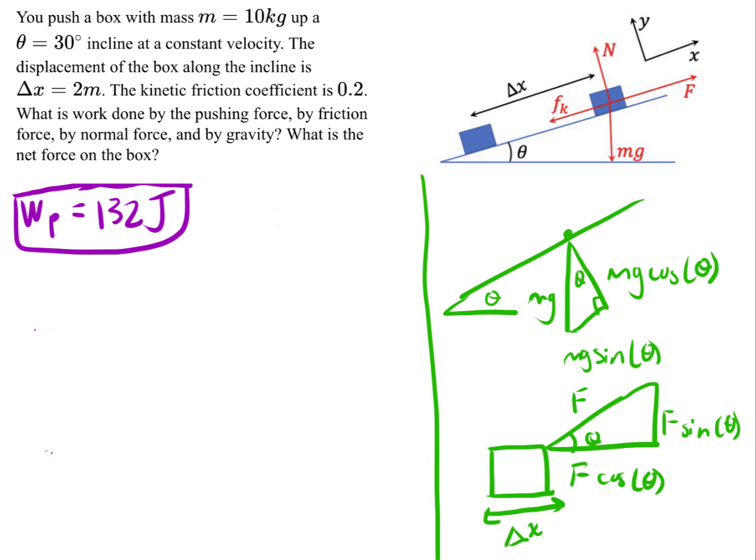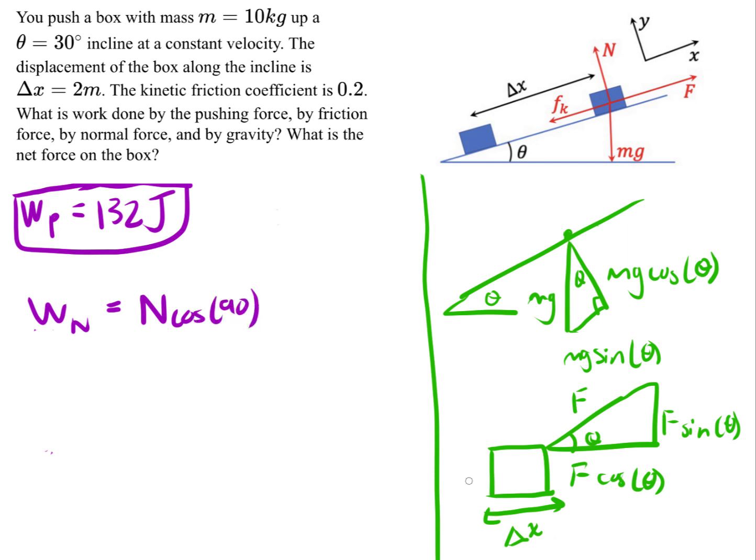So with that, you can simply write that the work done by the normal force, simply the normal force, it's this part right here, and then we're going to times it by the cosine of 90 degrees.